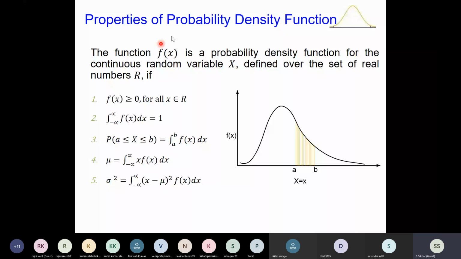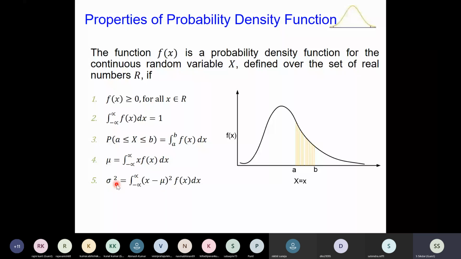The probability goes all the way up to here, and the probability of a goes up to here. If you subtract one value from the other, you are left with only this dark portion. And sigma square is just the integral of (x minus mu) whole square times f(x) dx.